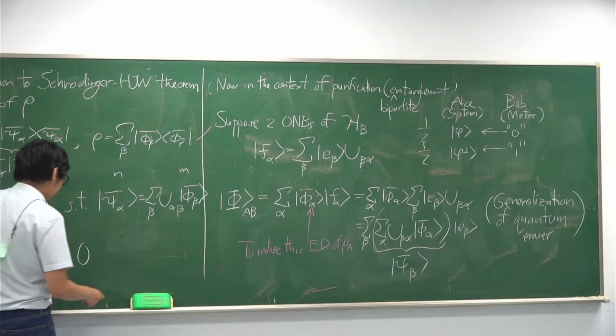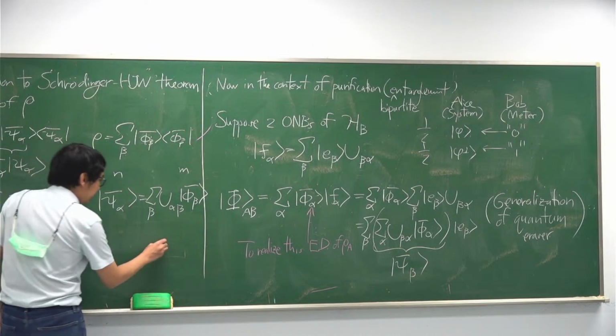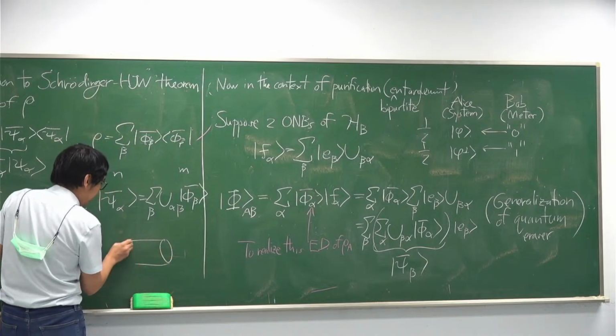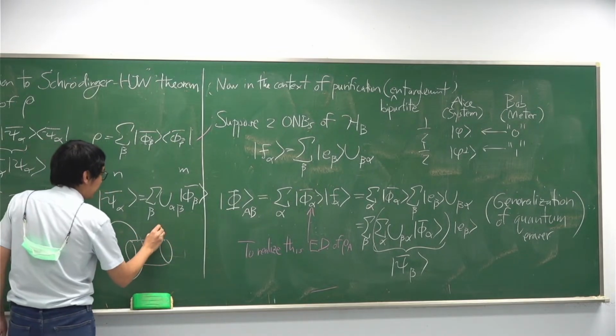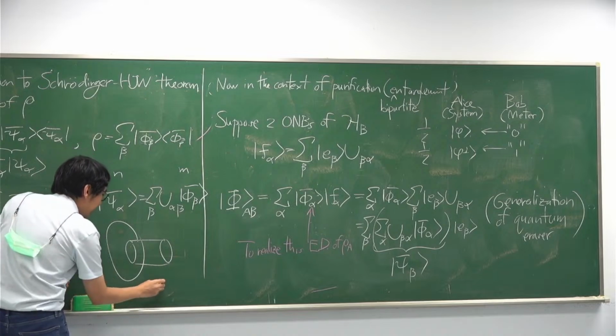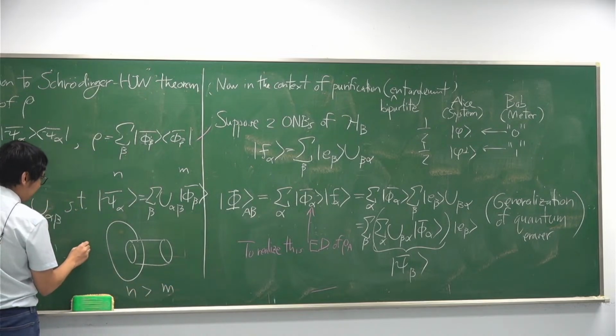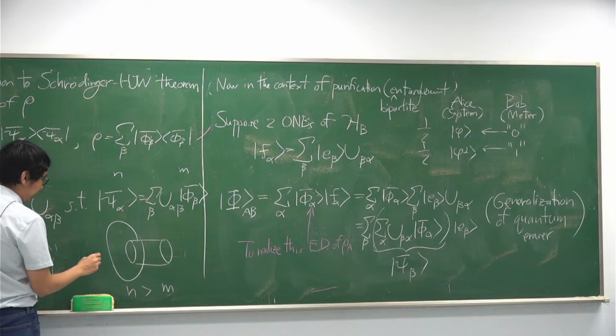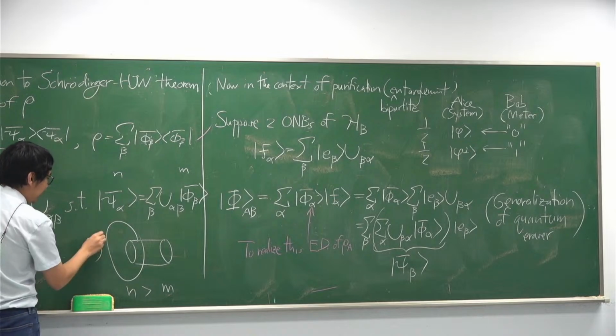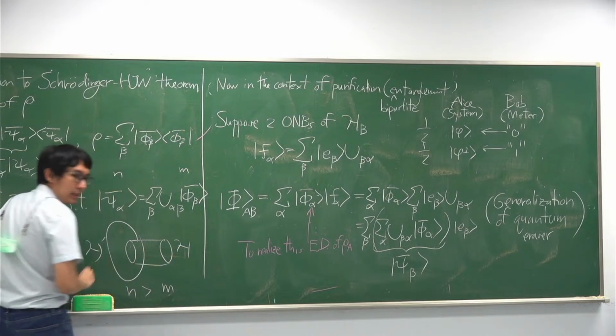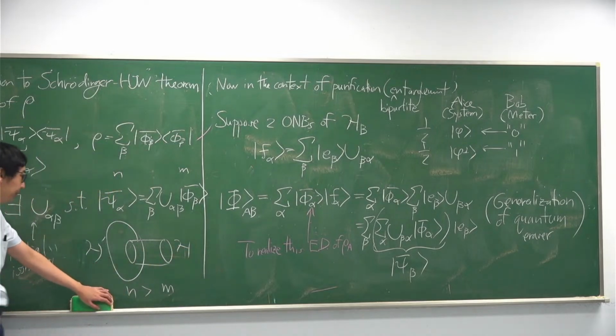Well, sort of. Let's see. So let's say m is less than n, so this is one of the Hilbert spaces, and this is the other Hilbert space, right?